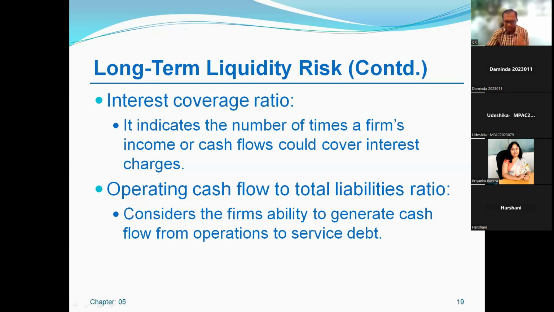Okay, let me take an example. You've got a very valid point here. Let's say your profit is 100, your interest income is 50, and your interest expense is 75. So in this scenario, your profit with interest income is 150, your interest expense is 75, so the cover is 2.